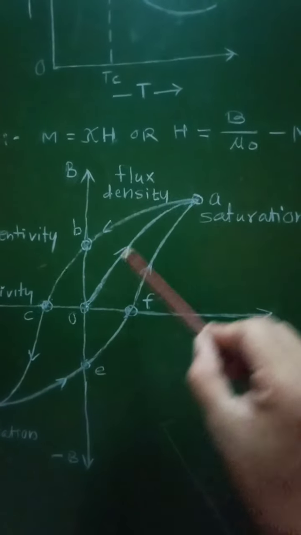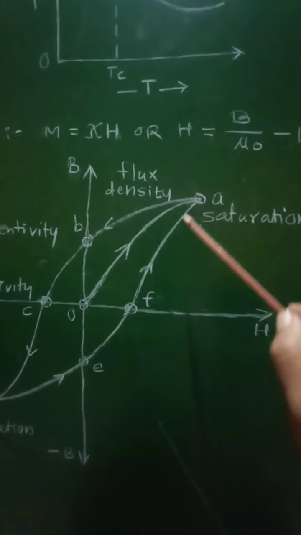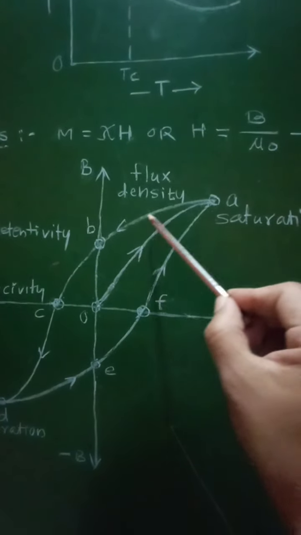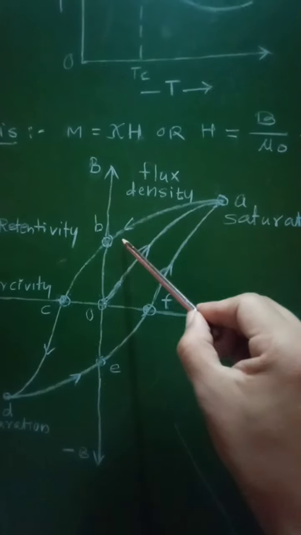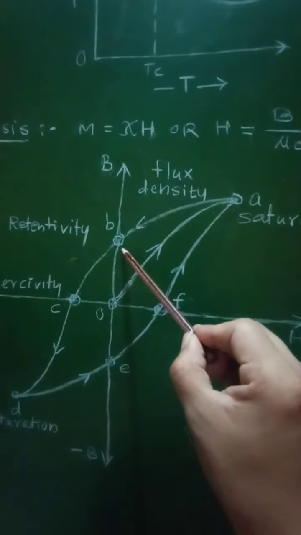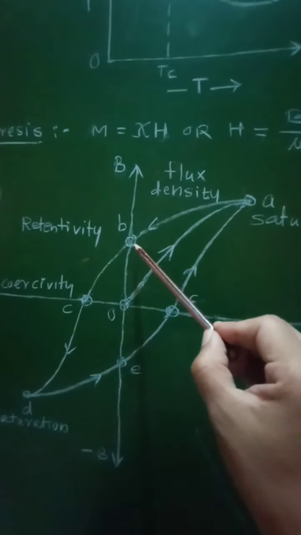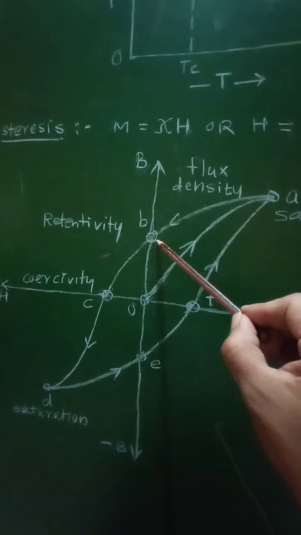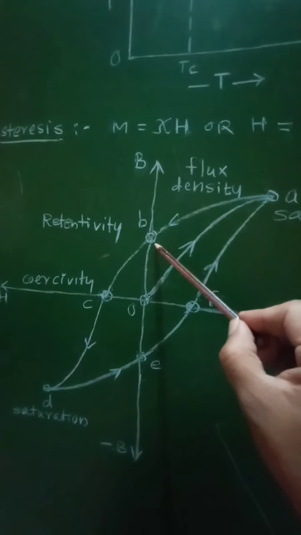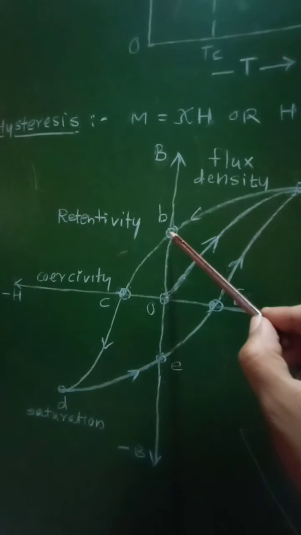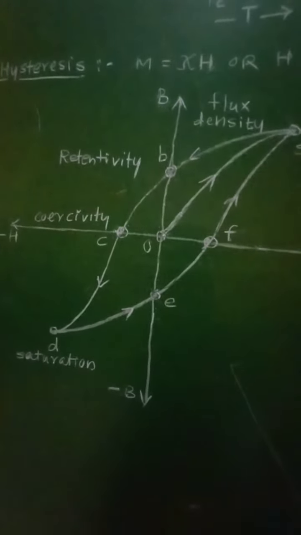But this process is not reversible, and therefore when there is decrease in the value of H, there will be decrease in the value of B also, but instead of O, this graph will come back to point B, and therefore in this case small magnetic moment will be aligned in the direction of magnetic field. This point B is called the retentivity because a small magnetic field will be present there.